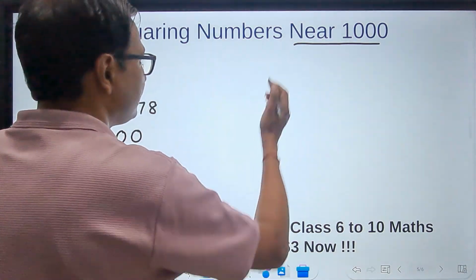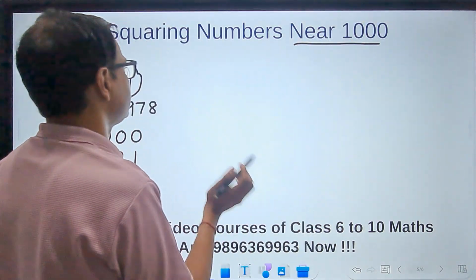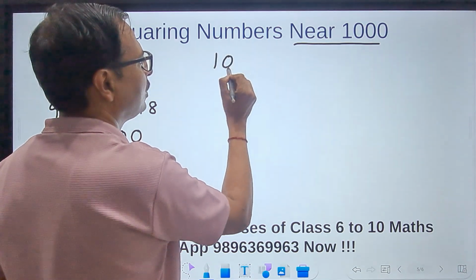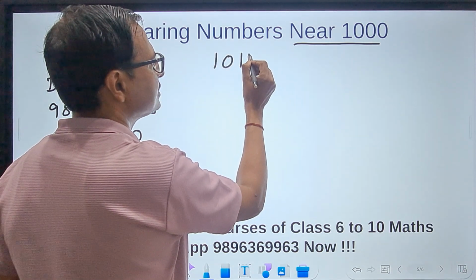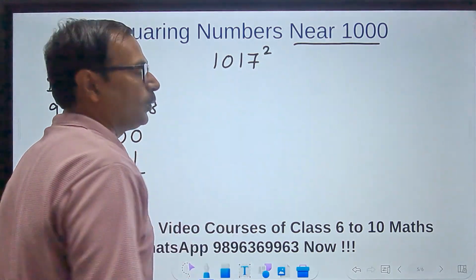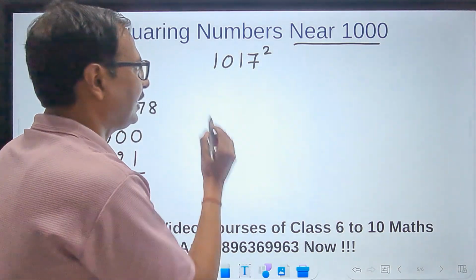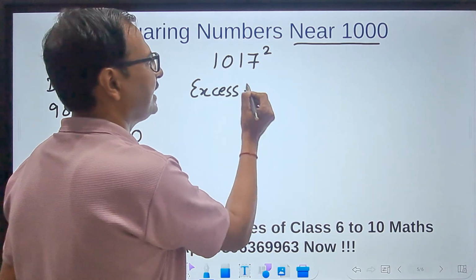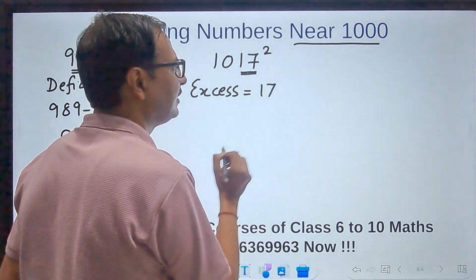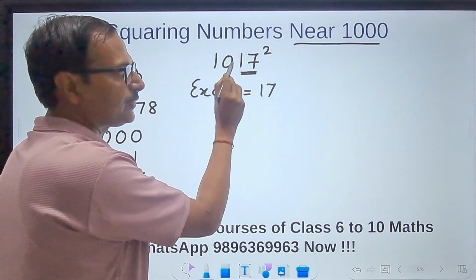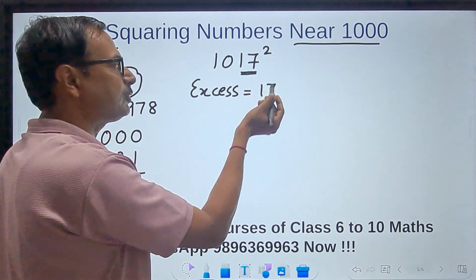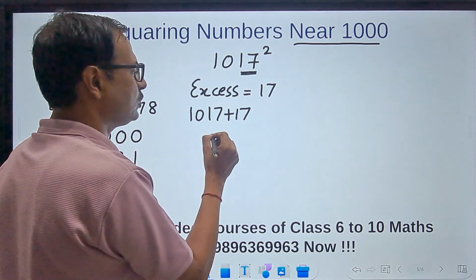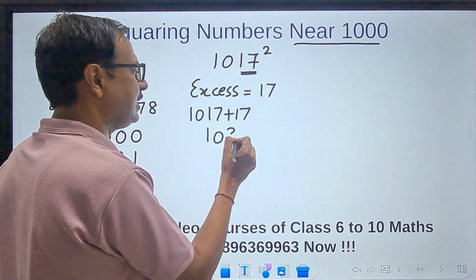Now let's take a number which is more than 1000. How about taking 1017 square? Now here I can see that there is an excess, and excess is this 17. If you subtract them, you get 1000. So you will have to add them. 1017 plus 17 gives you 1034.